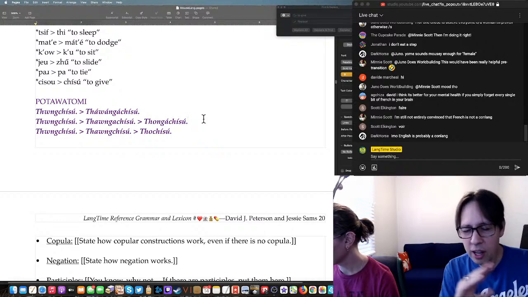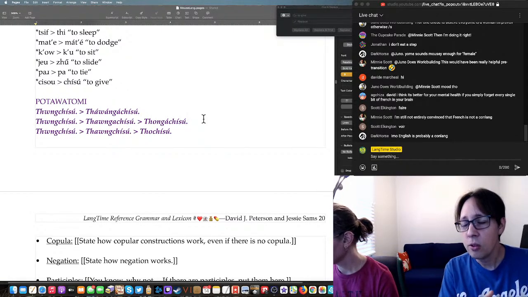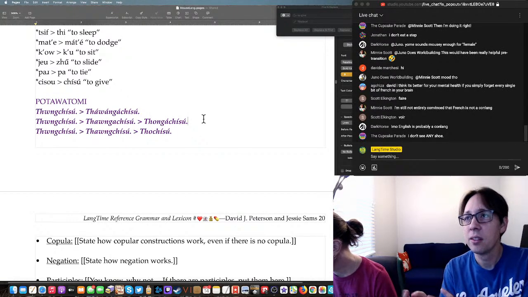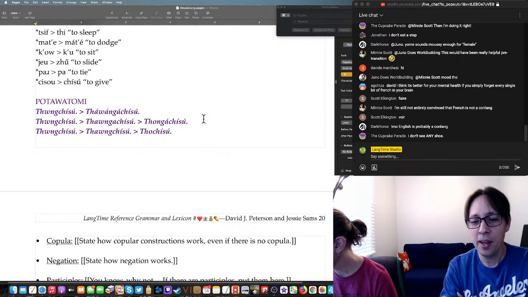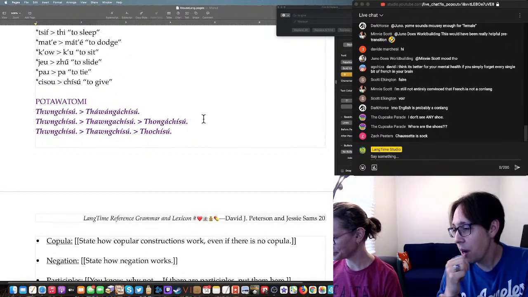Then you'd say, non, je ne vois pas la chaussette. Right? And it's not, I don't see any shoe, it's I don't see that one, the one you're talking about. Anyway, the whole point is you can actually have a direct object with it.